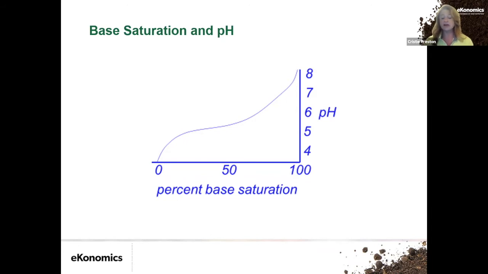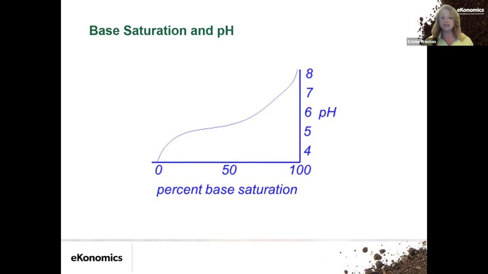A lot of times we have farmers ask us about this, and don't get me wrong, I'm not saying that increasing your base saturation will increase your pH, like the liming process. It will to a certain extent, but only because it is temporarily displacing those acid forming cations like hydrogen and aluminum within the soil.